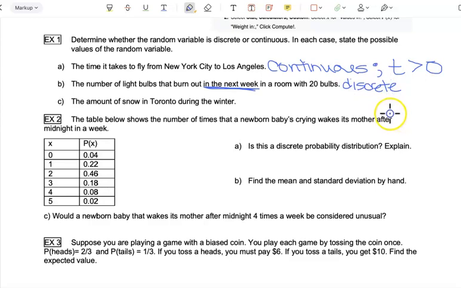Now, if we're trying to figure out how many light bulbs might burn out in the next week, the room has 20 bulbs. It's possible that no bulbs could burn out. So when I go to list my values, I could start with 0, or it might be 1, or it might be 2.